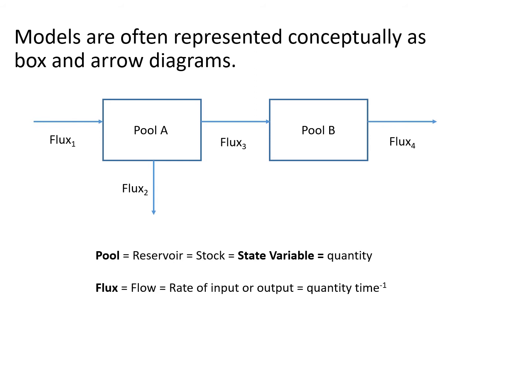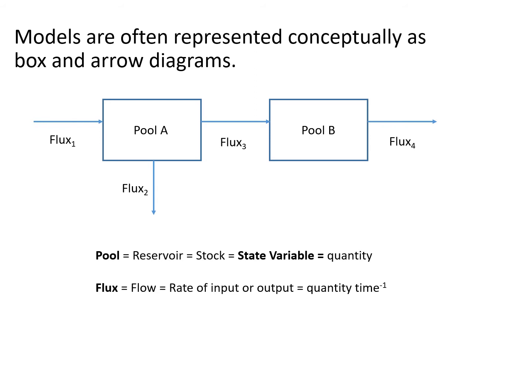Or as you can see in the cases of flux 1, flux 2, and flux 4, we have fluxes that go to or from a pool but aren't defined on one end. So like flux 1 is just a flux into pool A, and we haven't specified where it comes from. Flux 1 could be something like sunlight that is coming in at, we might model, a constant rate.